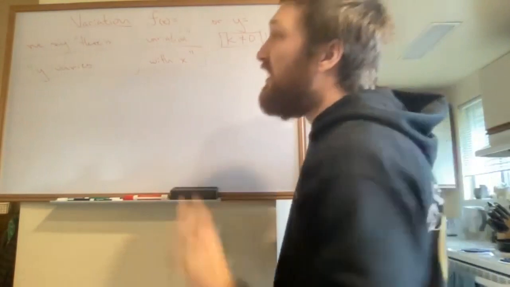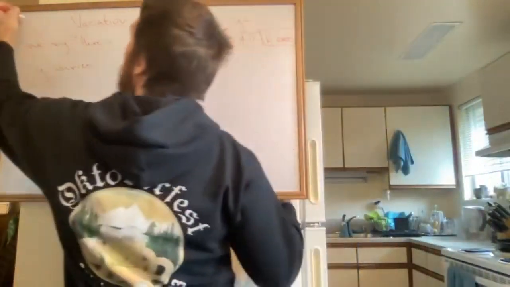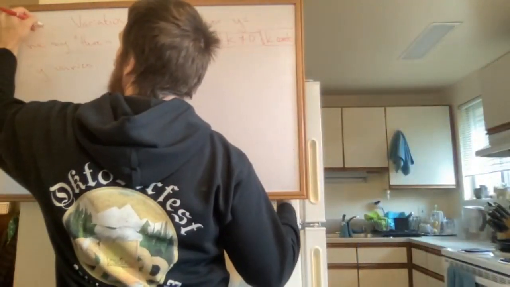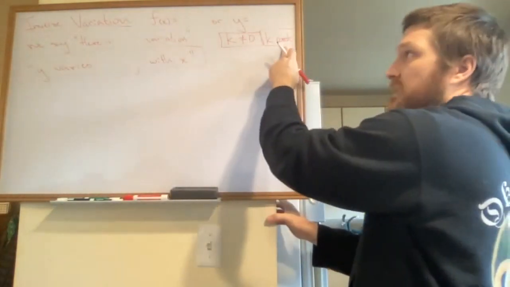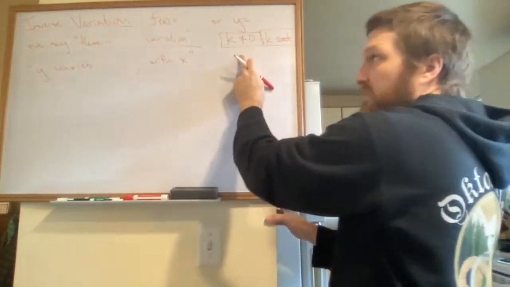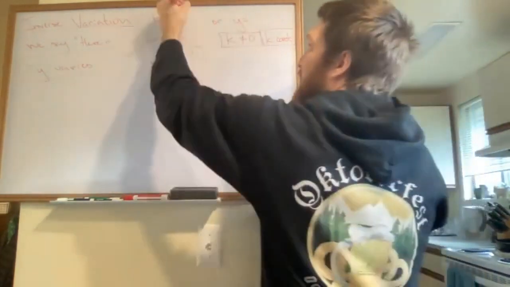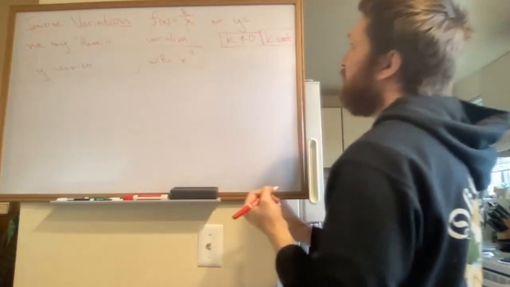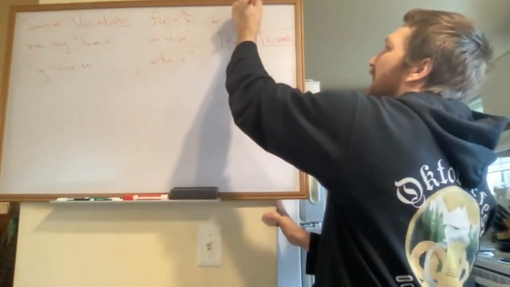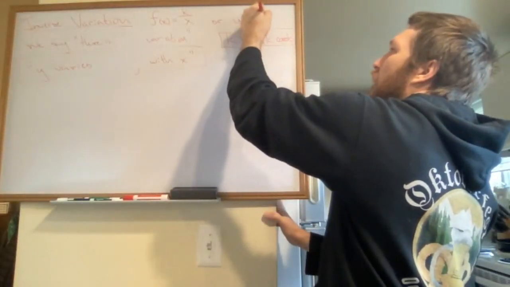So there's another kind of variation called inverse variation. And what that means is that there is some constant K that's non-zero, such that your function is K over X, or Y equals K over X.